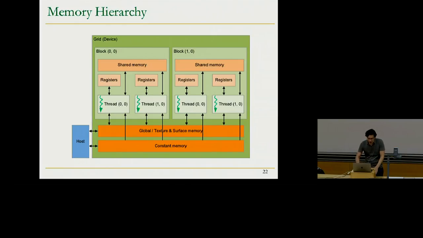So that's the shared memory. And as you can see, threads belonging to the same block can share data through this shared memory. They also make use of their own registers that are private. This is, as you remember from yesterday's lecture, the partitioned register file. So that's what we have here.